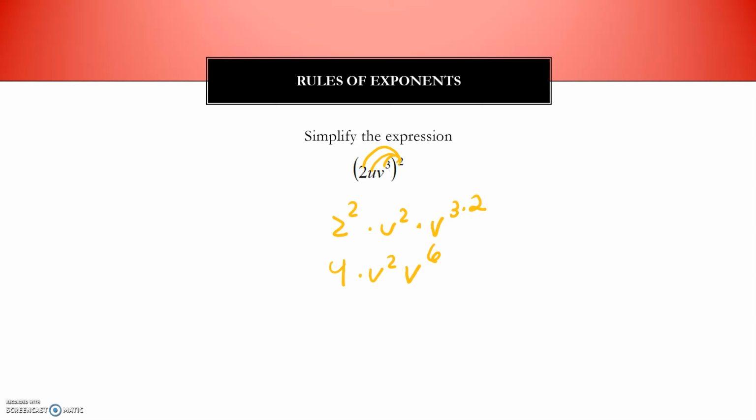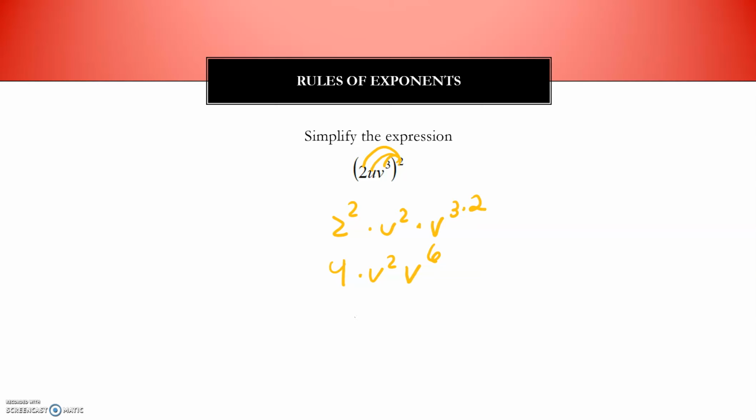The answer here is 4u to the 2nd v to the 6th. As you may have thought to do, that exponent applies to everything in the parentheses, the 2, the u, and the v cubed. So that's why we get the second step, and then we simplify to get the last step.